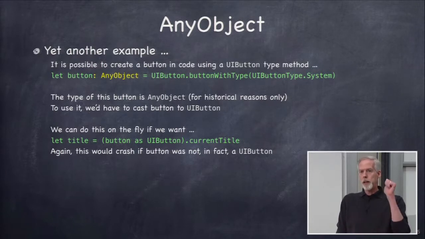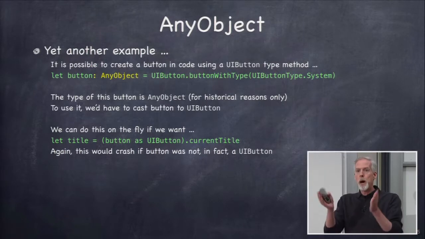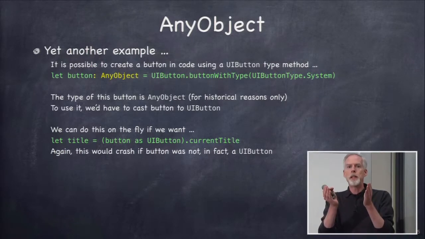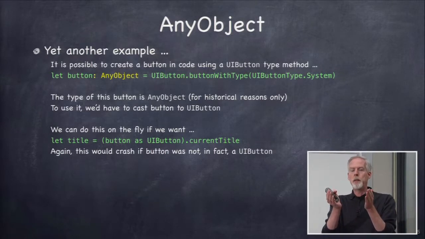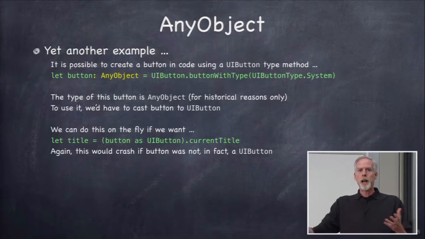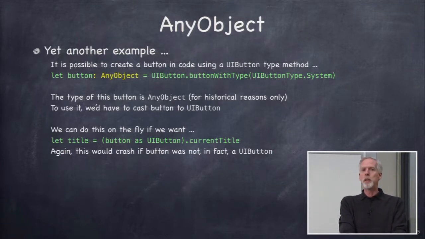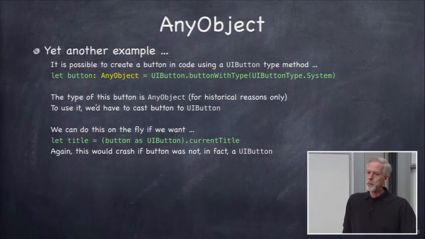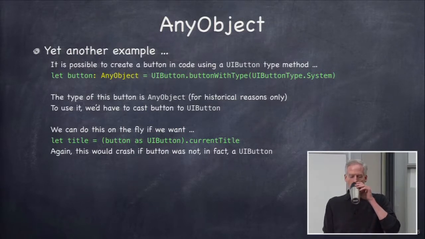So if I called that line on green at the top, then down here I could say the title of the button equals button as UI button dot current title. So I'm just casting that any object, that button any object up there to be a UI button, and then sending it a message. So you can cast on the fly. Again, crash-a-roo if that button is not a button, but that's okay. In this case, button with type better darn well return a UI button.